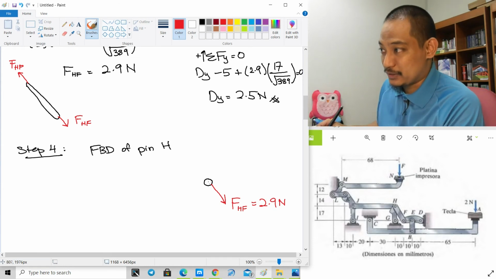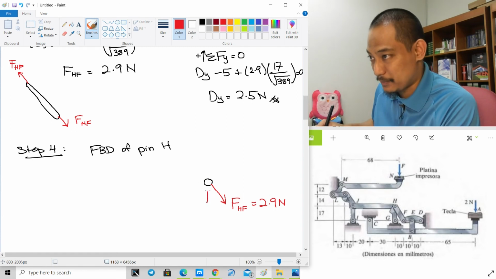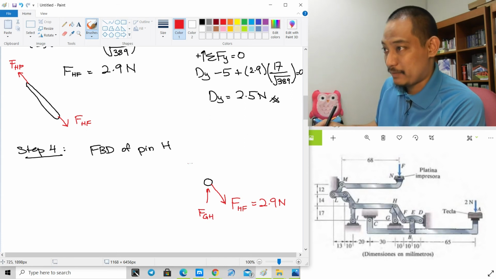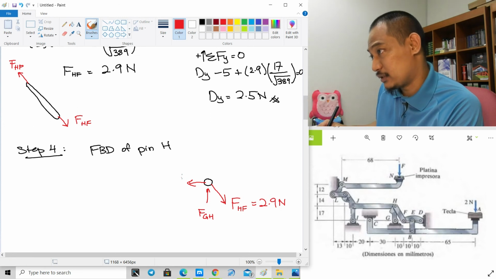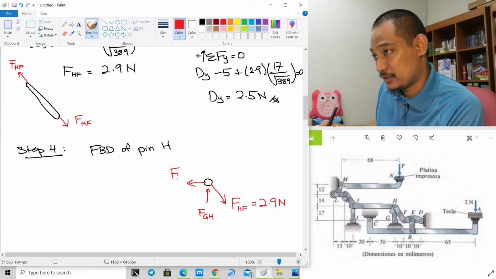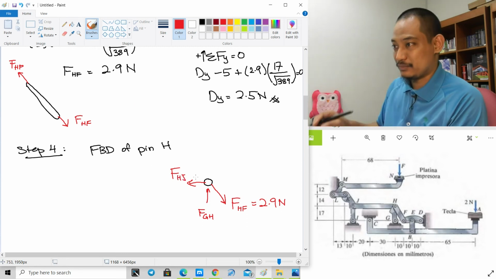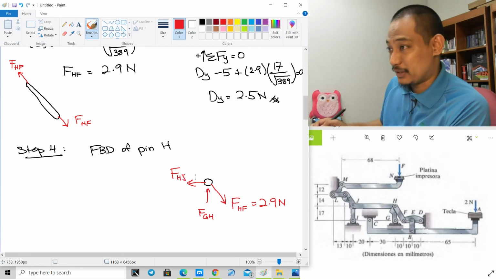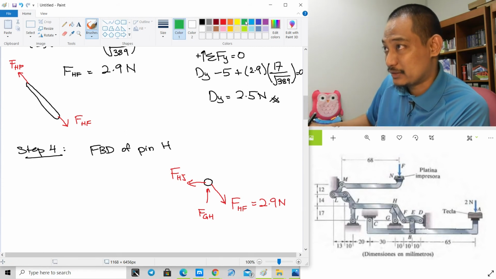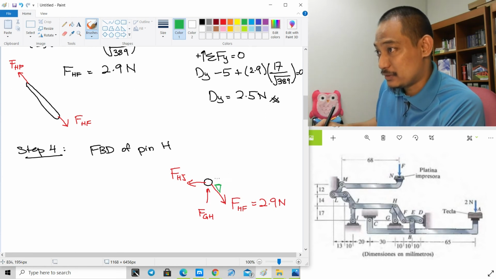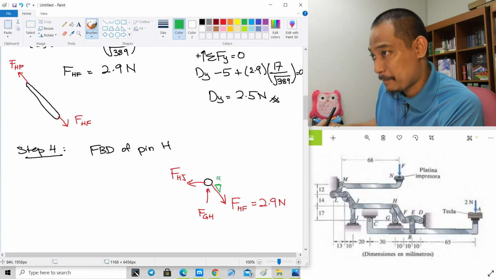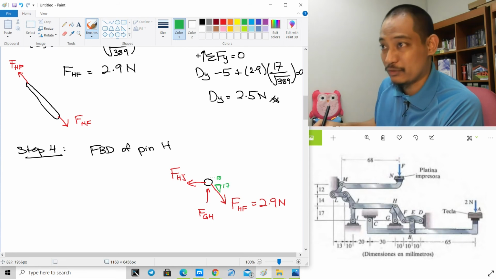Then we'll assume FGH in this direction, and FHG in whichever arrangement. The angle is still that triangle just now, which is 10, 17, and square root of 389.